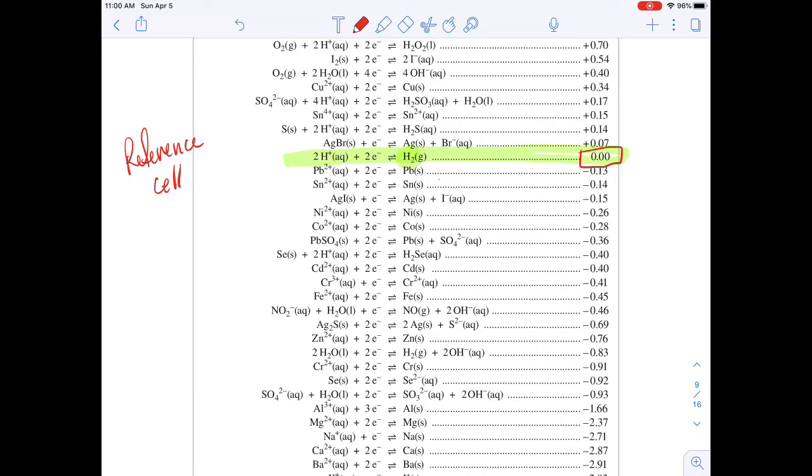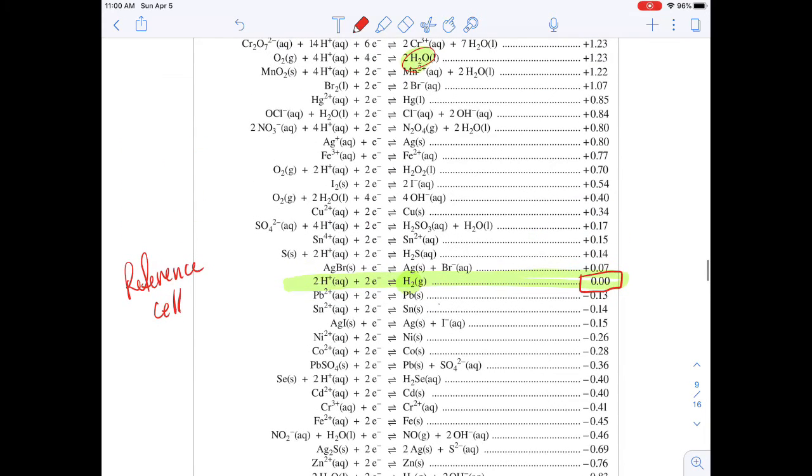That was just chosen. So essentially what they do is, if they wanted to know what the silver potential is, they go E cell equals E cathode minus E anode, and my cell potential is going to be measured. So experimentally, they have this is the anode and this is the cathode.